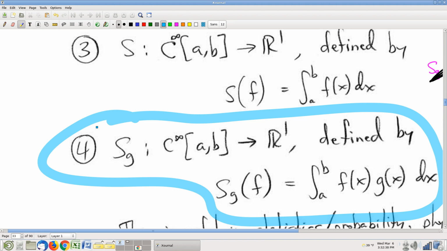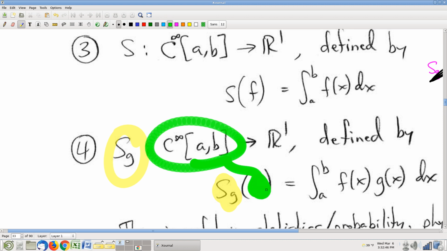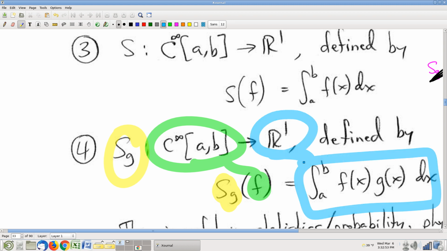So again, this is kind of sort of an integration. Our function here, S_g, is defined by the following formula. If you give me a C-infinity function f, we get an output value in R^1 by way of this formula. Okay, so we're given a function f. The f goes here, but wait a second, I can't compute this without g. What is this g? g is part of my function.